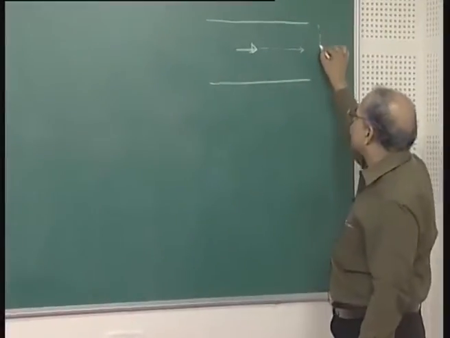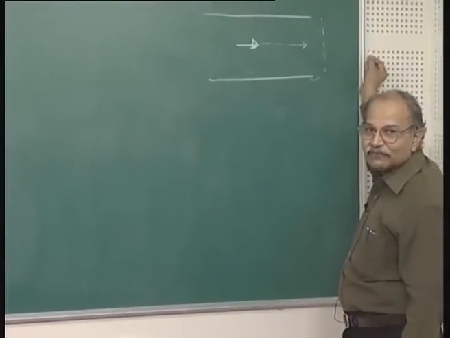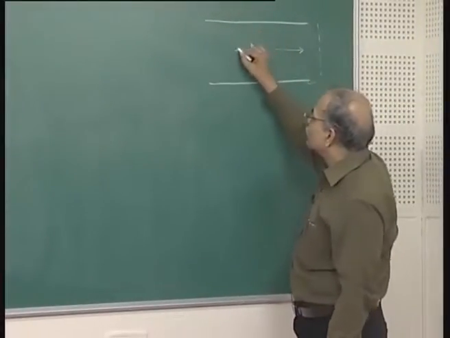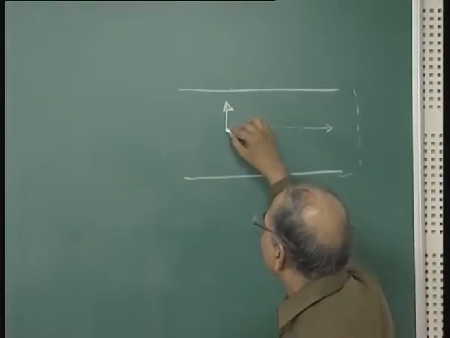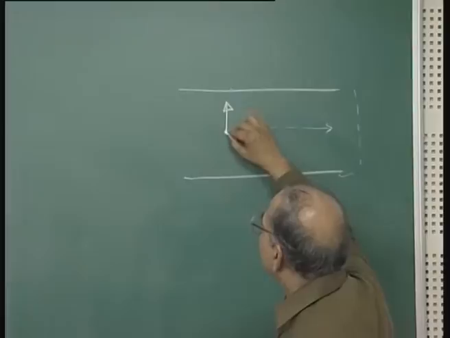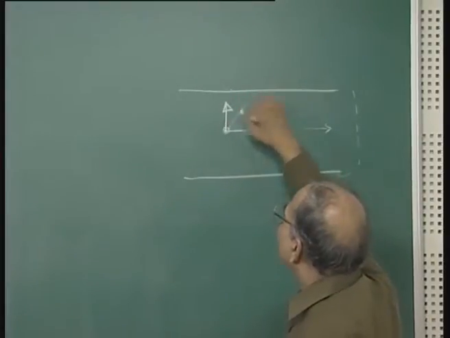Of course, you will have some boundary at the ends also; it is not an infinite tunnel. But let us look at this. The component of velocity in this direction will take the particle to hit this wall.